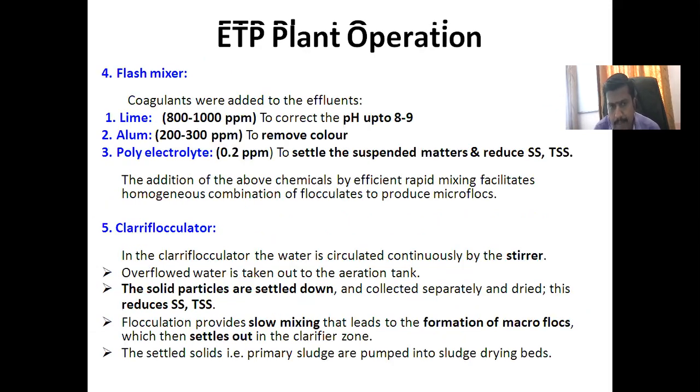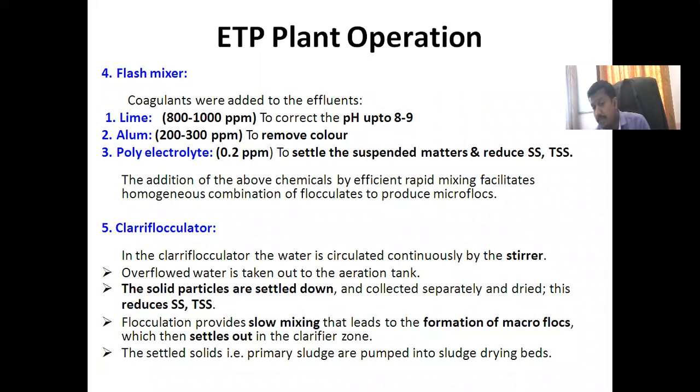Okay. Flash mixer. Whenever there is a flocculation process, what you are going to do, the coagulant that is added to the effluents is nothing but alum. तुम्ही ऍड करताय तुमच्या वेस्ट वॉटर मध्ये. Alumचं फंक्शन काय? Alum's function is to remove the odour and to club up the impurities together.